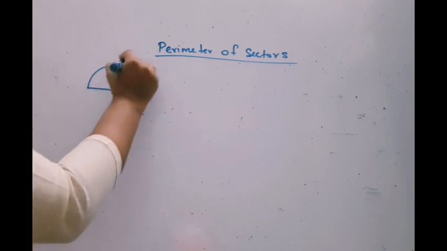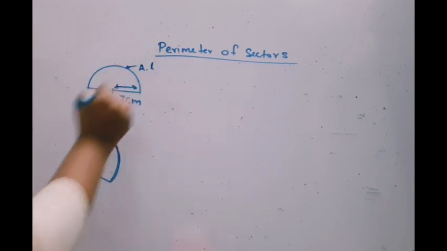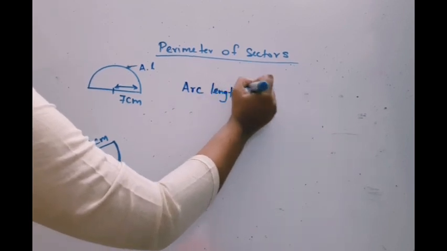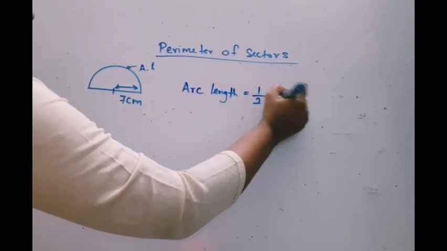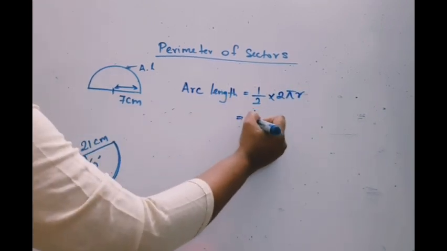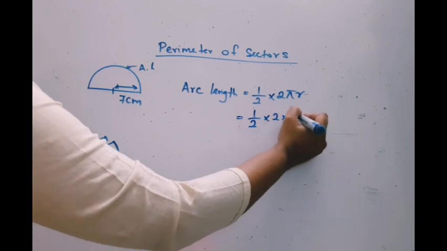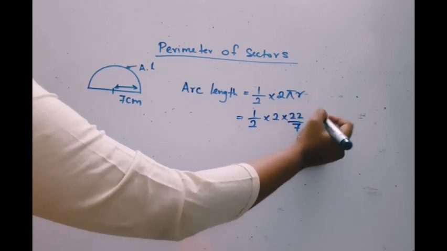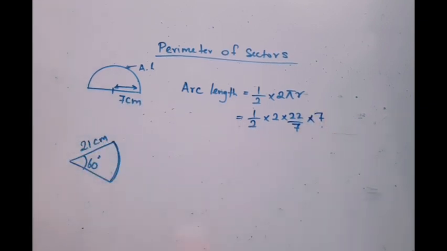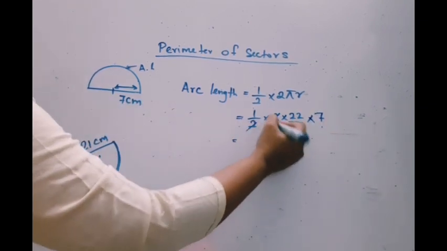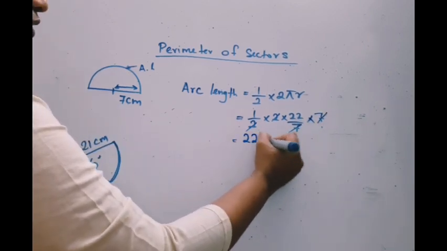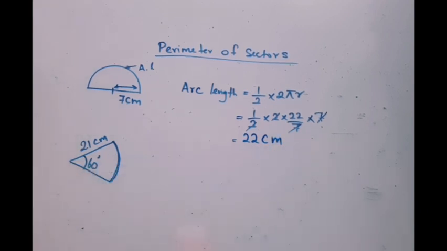So first we are going to find this arc length, which is half into 2 pi r. Substituting 2 into 22 by 7 for pi, and for radius the value is 7 centimeters, you can cancel 2 and 2, 7 and 7. So the arc length is going to be 22 centimeters.